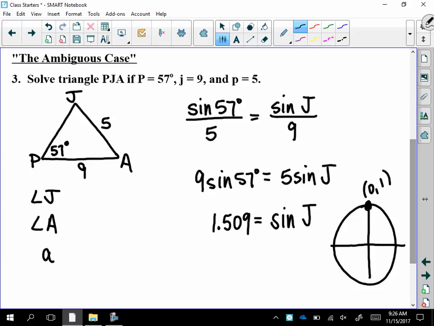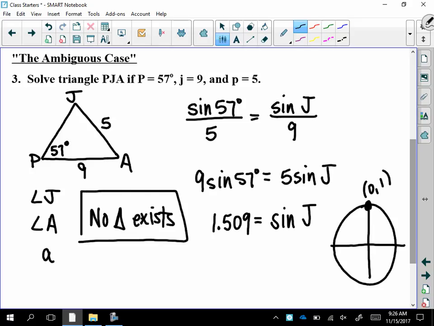That means there's no triangle that exists. There's no triangle that fits this criteria. And so that's not really an ambiguous case problem. What does the word ambiguous mean?